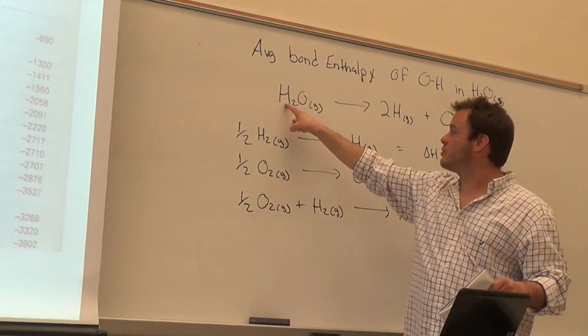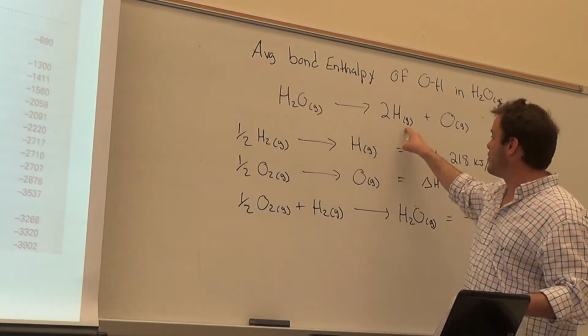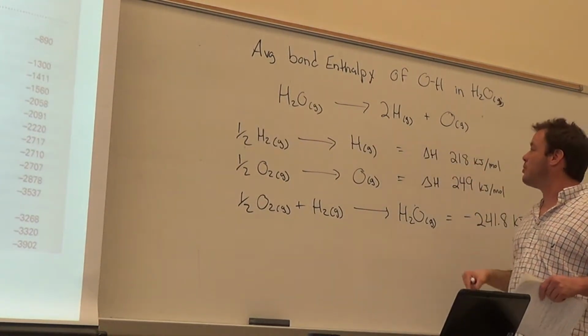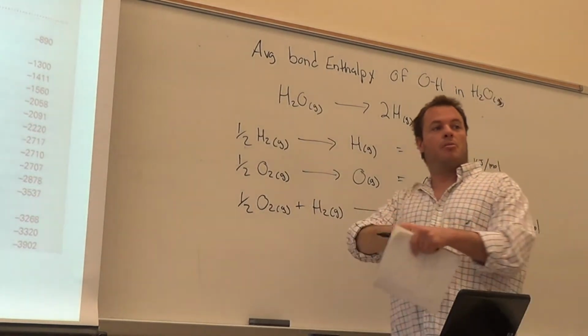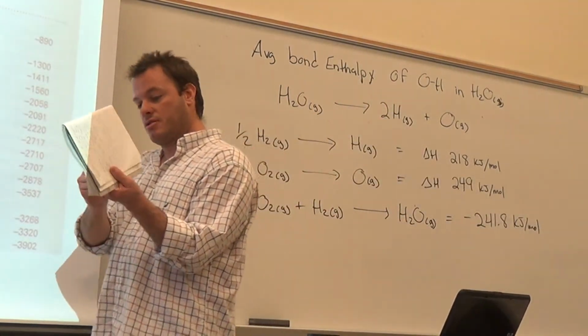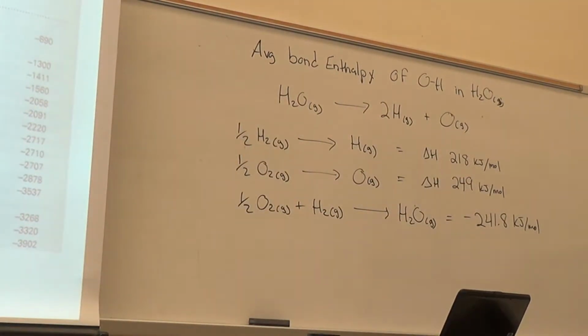Right? Because we've got 2 hydrogens bound to oxygen. When we turn that into 2 moles of hydrogen gas and 1 mole of oxygen gas, we've effectively broken those bonds in the oxygen. So sit on that for a second, see if you can figure out what the enthalpy change is.